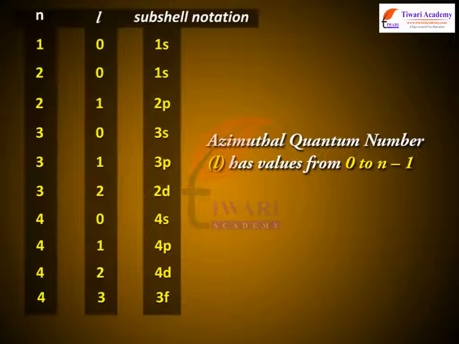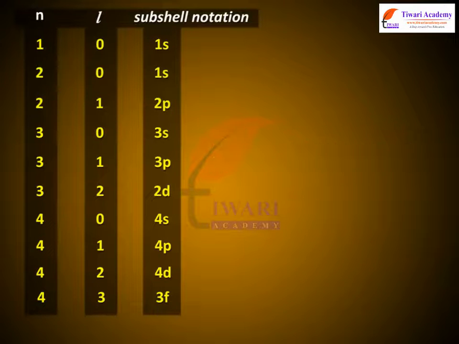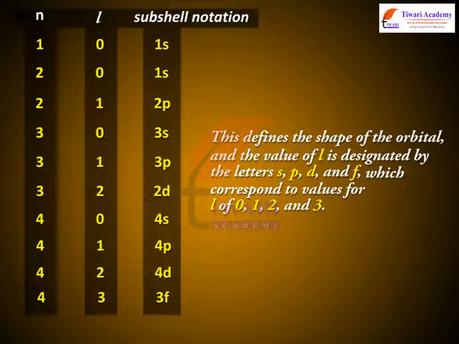Azimuthal quantum number l has values from 0 to n-1. This defines the shape of the orbital, and the value of l is designated by the letters s, p, d, and f, which correspond to values for l of 0, 1, 2, and 3.